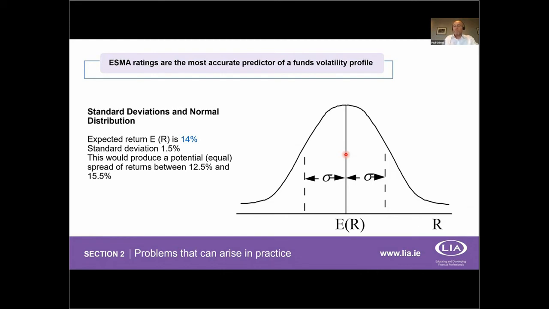If I do my standard deviation calculation using the sequence of 10% returns, in this case here I get a standard deviation of 1.5%. So what that means is that if I move 1.5% either side of this expected return, I get a range of 12.5 up to 15.5.